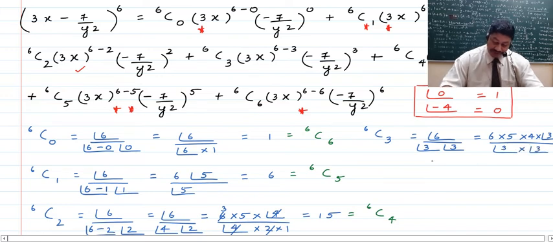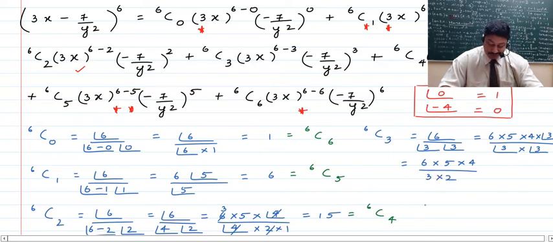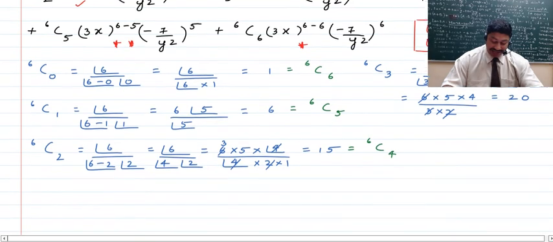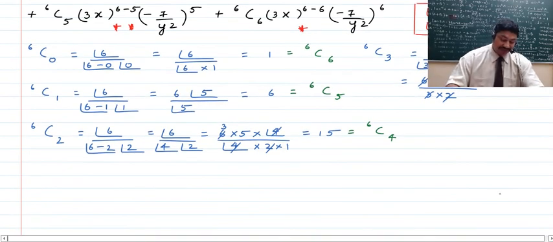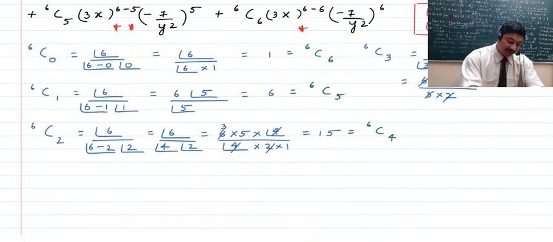So factorial 3 gets cancelled from the numerator and the denominator, and we are just left with 6 into 5 into 4, which requires to be divided by 3 into 2, which is factorial 3. Now 3 into 2 again gets cancelled with 6, so we are just left with 20, which is the value of 6c3. Now that we have these binomial coefficients, we can easily write the expansion of this binomial.